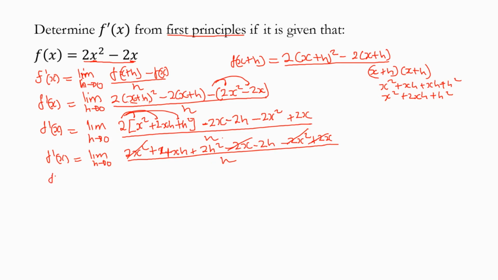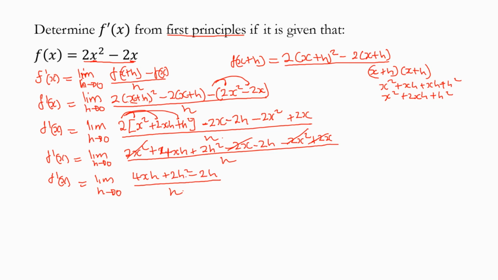So what do we remain with? f prime x is equal to the limit as h approaches 0 of 4xh plus 2h squared minus 2h, all this over h.